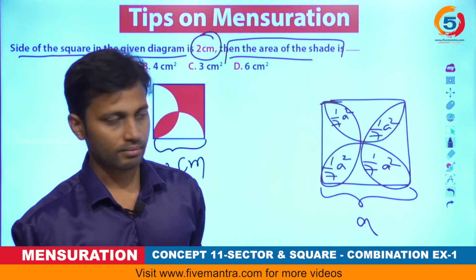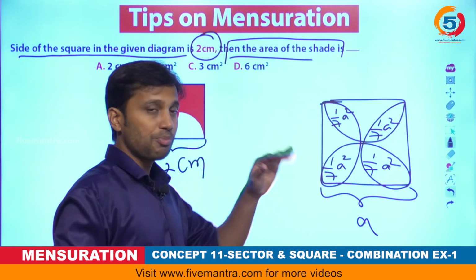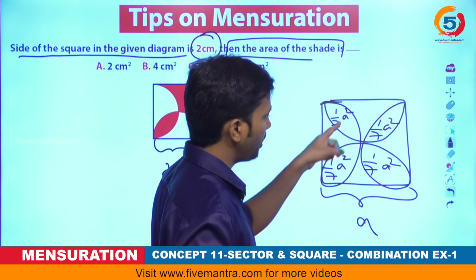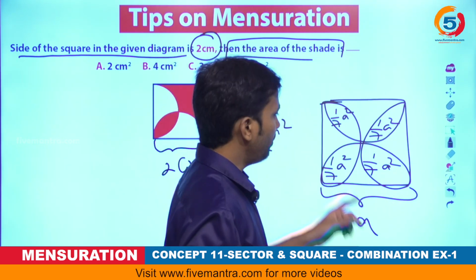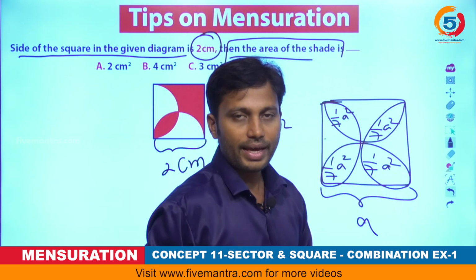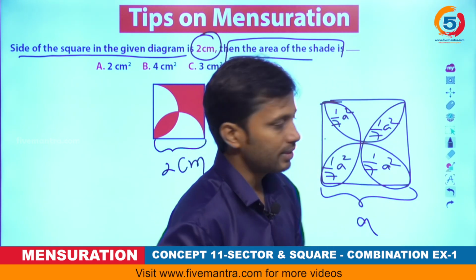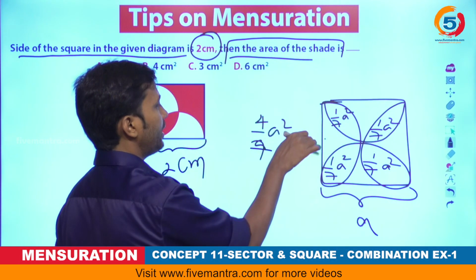Now we only said, what is the rest portion? The total area of all the petals is 4/7 a². Then what is the rest portion? Means these gaps. The area of all the gaps means we have to subtract the area of the flower from the area of the square.